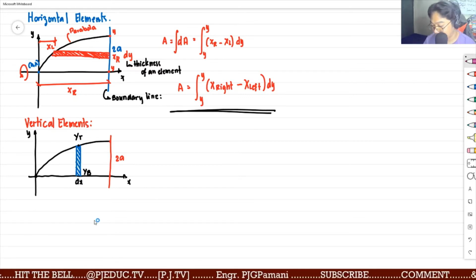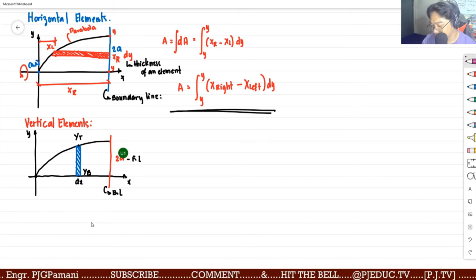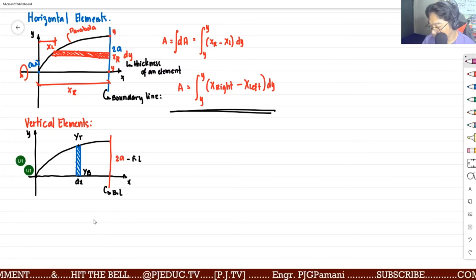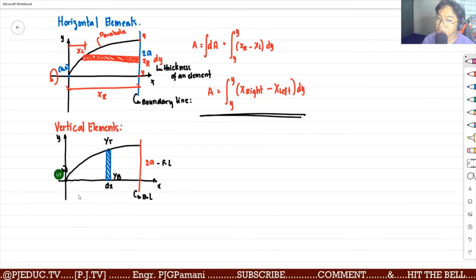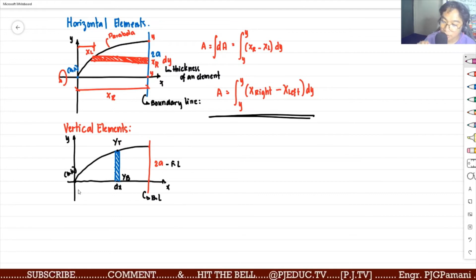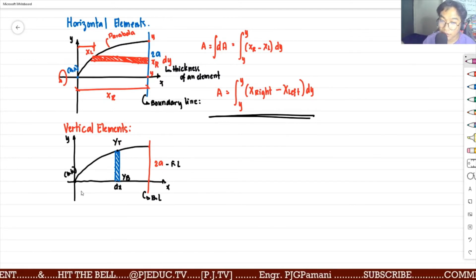Then again, you have your boundary line, your focal length, or later on the latus rectum, then your vertex. You need to compute the vertex. It is not always at the origin, not always at 0. Later in the examples, there are vertices at quadrant 2, quadrant 3, or quadrant 4.